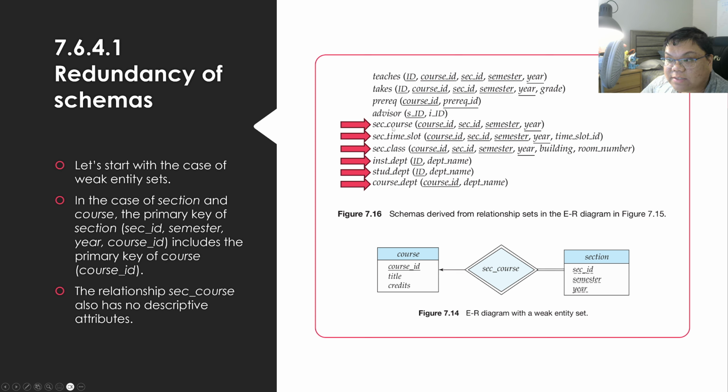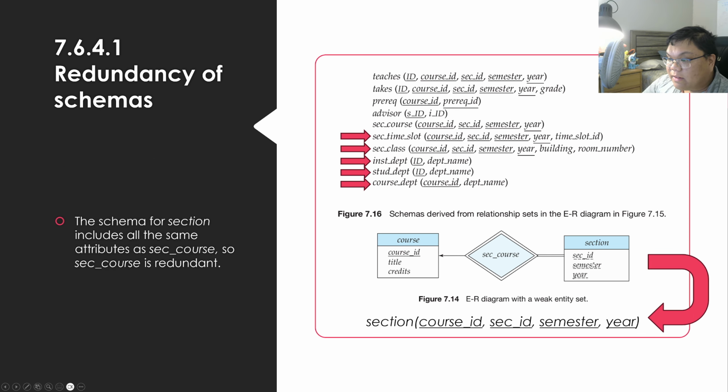But look at section course. Those are the same attributes. Also, this identifying relationship set has no other attributes, no descriptive attributes. Therefore, the schema for section is the same thing as this section course relationship. Let's eliminate it.